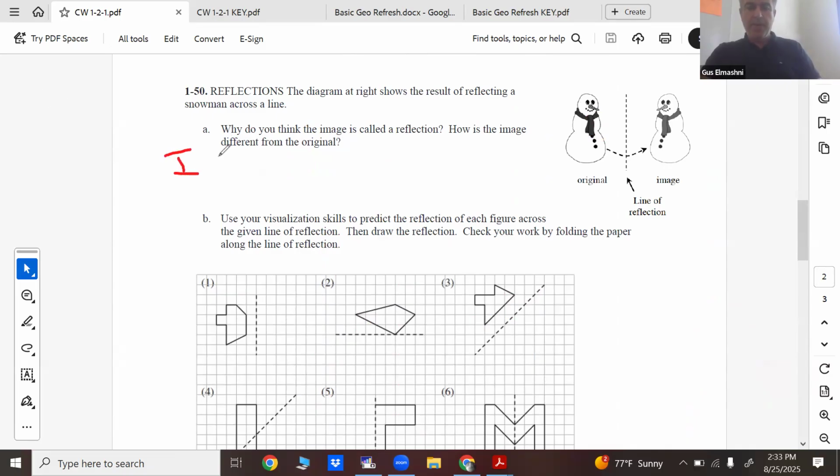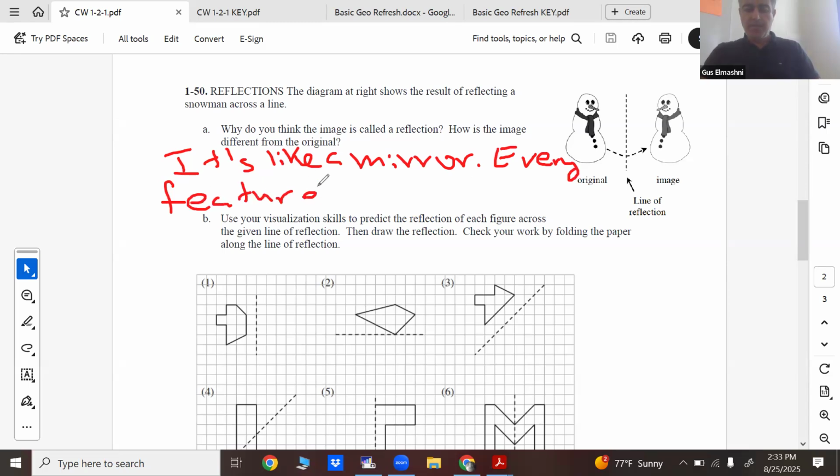Because it's like a mirror, right? They're mirror images of each other. That's what they are. Basically, everything flips. Every feature flips from left to right and right to left.